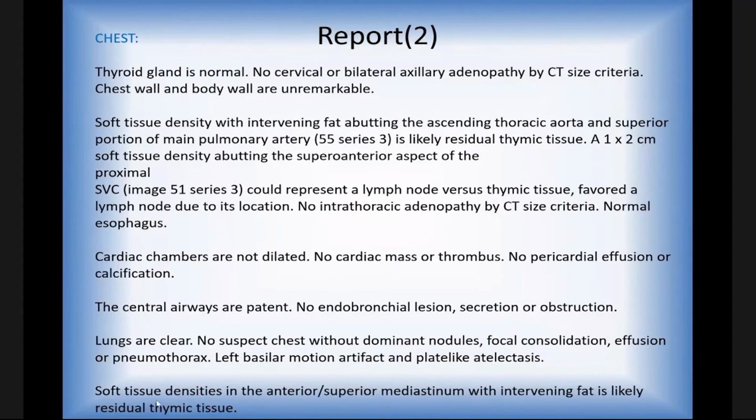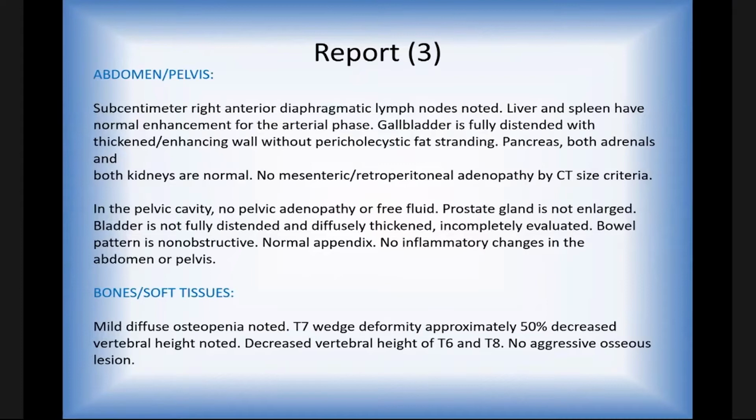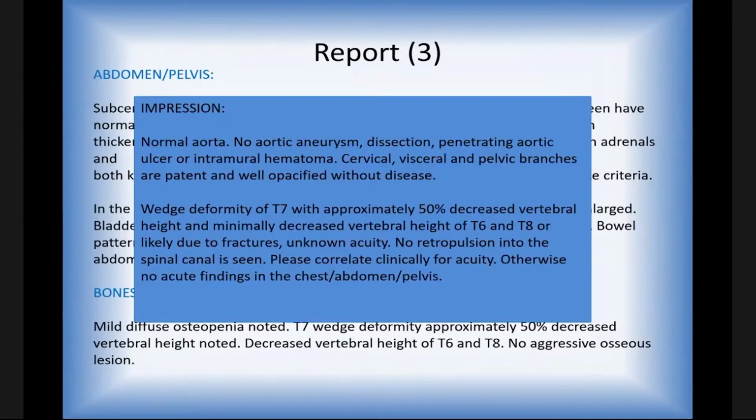We also mention the pulmonary artery, and then go on to the chest section, the abdomen and pelvis section, and the soft tissue part. And then the impression answers the clinical question. Number one, positive or negative for acute aortic syndrome. And number two, other clinically relevant extravascular findings.